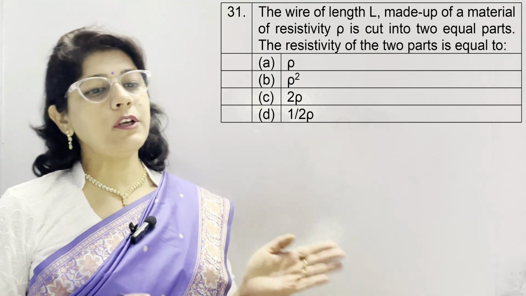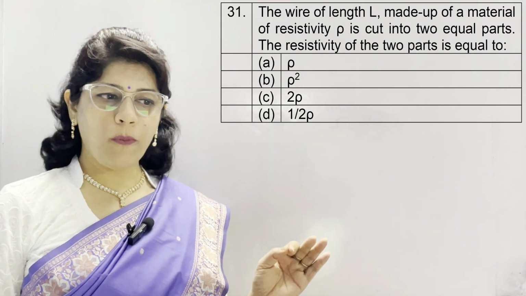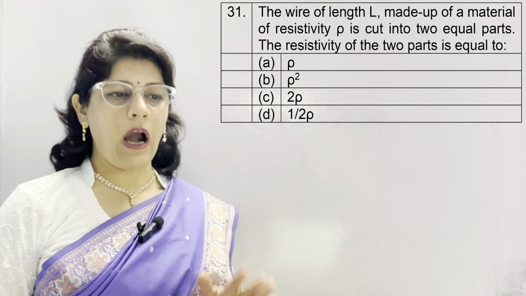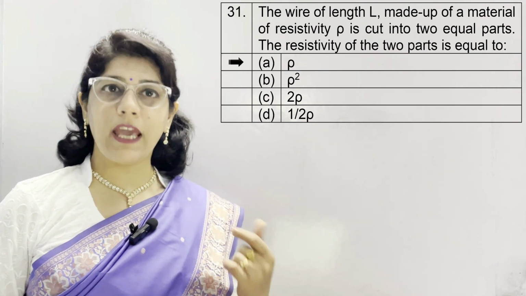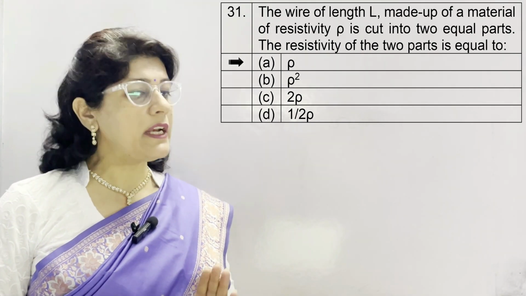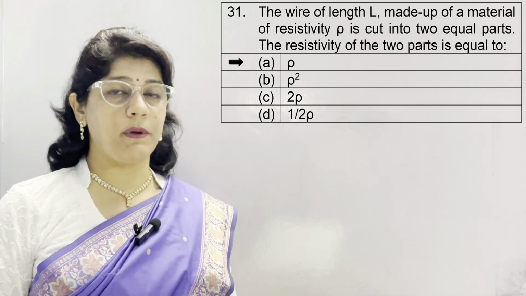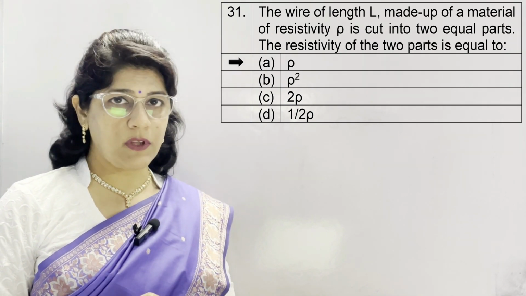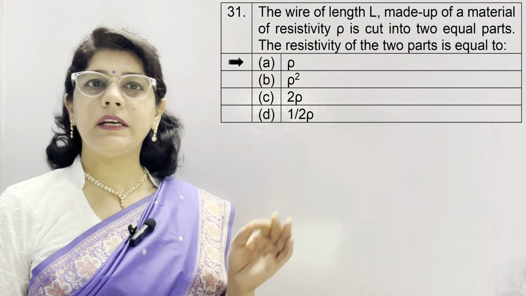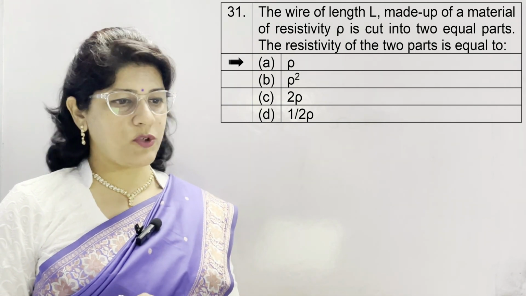The resistivity of the two parts is equal to, A option is rho, B is rho square, C is 2 into rho and D is half rho. And the correct answer is A option, which is rho, because we know that resistivity is independent of the length of the conductor, because resistivity is the resistance of the conductor of unit length and unit area of cross section. It means it does not depend on length. So A option is correct.